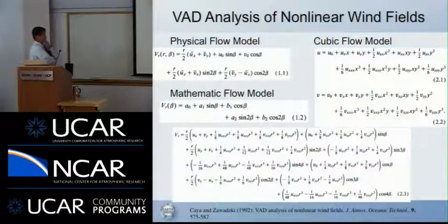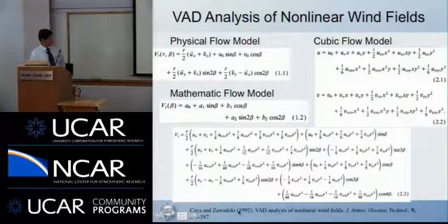Well, in the last few minutes, I want to mention the VAD analysis of nonlinear wind field. Okay, so this is the equation you have seen earlier. This is the physical flow model. This is the mathematical model we apply. In a nonlinear wind field, when we expand U and V into all these terms, this is the equation we end up with.